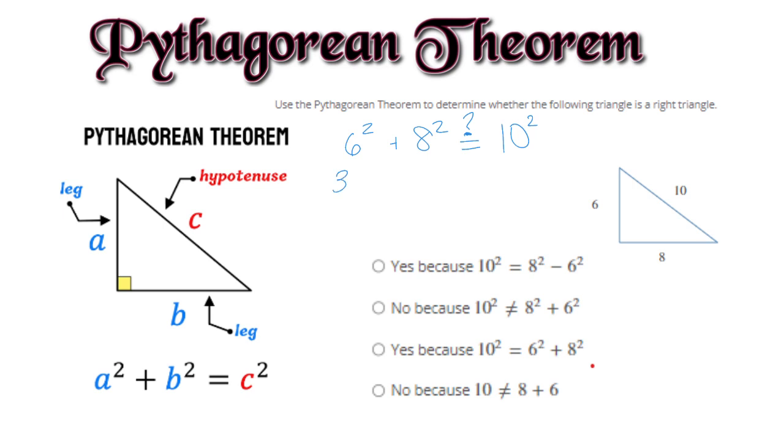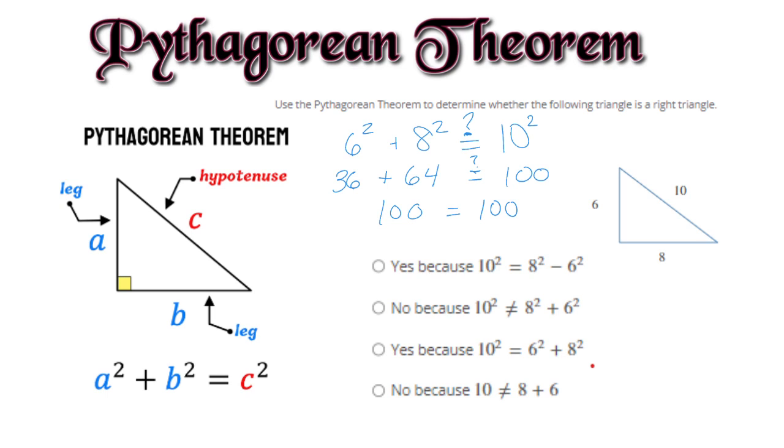Well, 6 squared is 36. 8 squared is 64. Still a question mark. 10 squared is 100. So I don't know. Do you think 36 plus 64 is going to equal 100? Why, yes. Yes, it is. So it is equal.